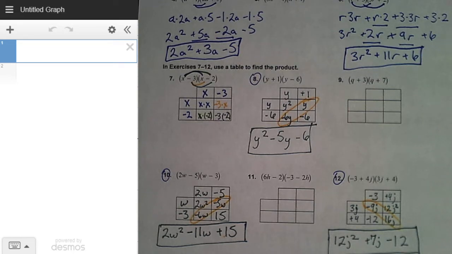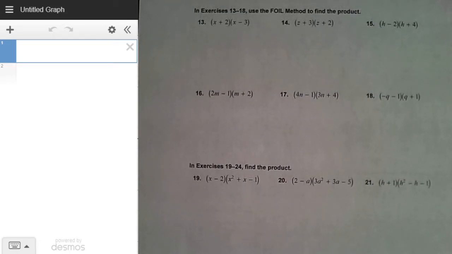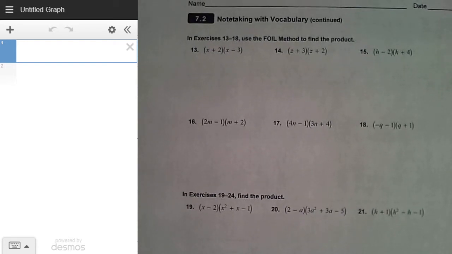So we are going to move on to 12 through 24 evens on the next page, which is page 213. Here it asks us to use the FOIL method. I don't want to say it's archaic, but this is just an old way that was taught. The FOIL is a way to organize the thoughts, but the unfortunate part is it only deals with the distributive property applied to binomials.